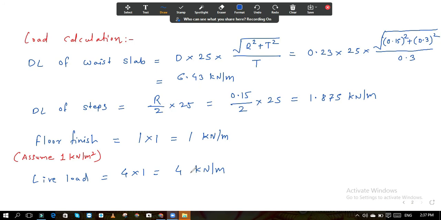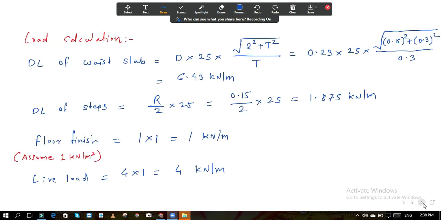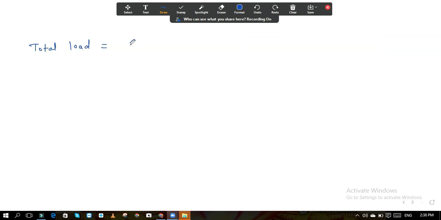Now total load. So add all these things and you will get the total load. Total load is equal to 6.43 plus 1.875 plus 1 plus 4.